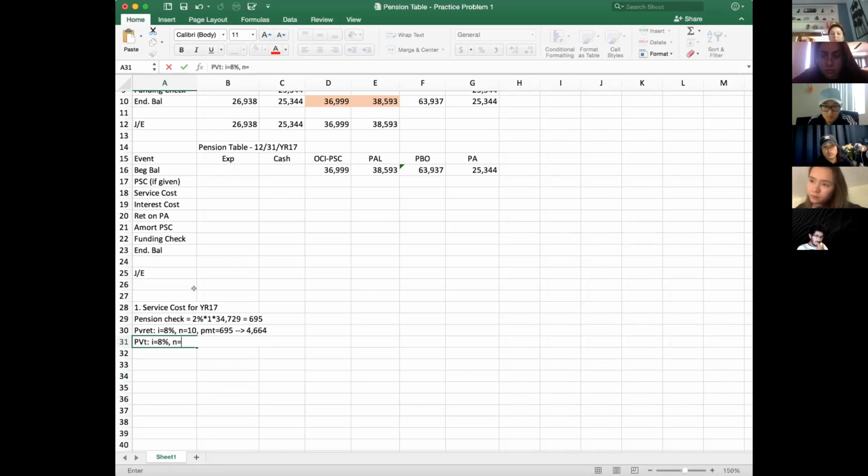Therefore, n equals 1. From December 31, 18 to December 31, 17, just 1 year. Therefore, future value is 4664. Then present value, can somebody tell me?